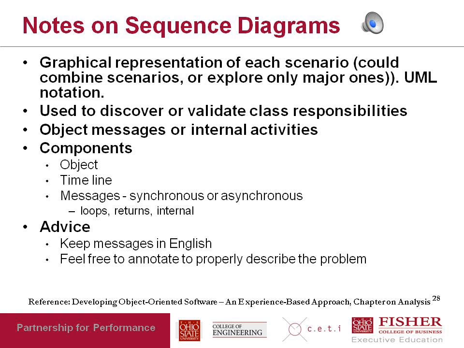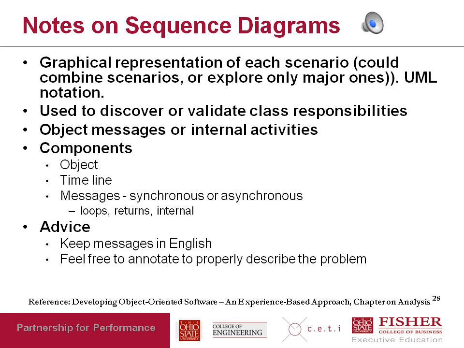Now, the interesting thing about a sequence diagram is that it can be used to discover or validate responsibilities for objects. So for example, let's say you did an object model to capture the static structure, and then generalized it into a class model, and you identified what attributes and methods it might have, or actually what data and what responsibilities or messages it needed to respond to.